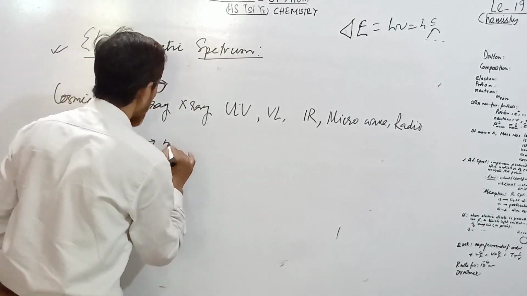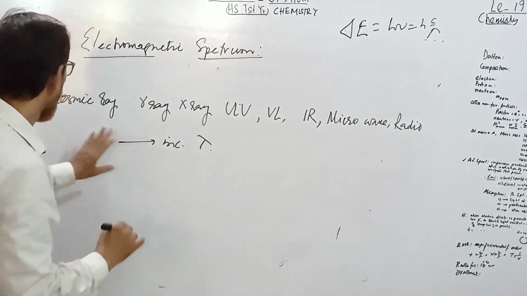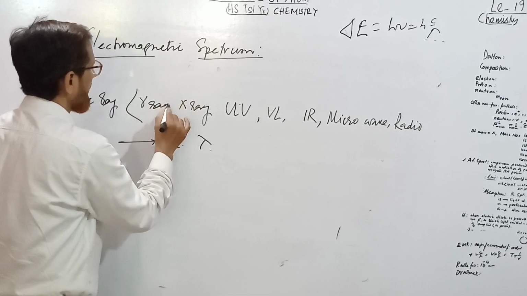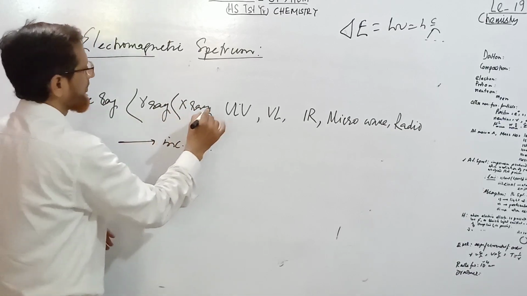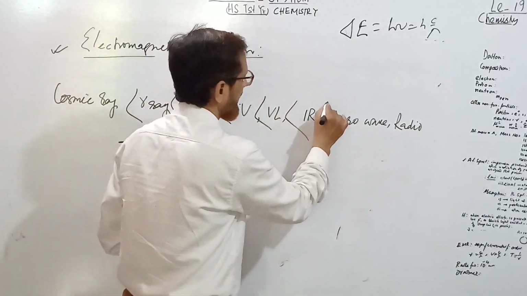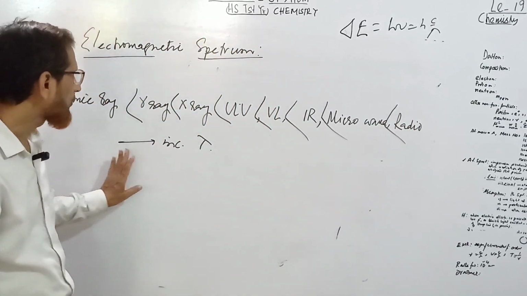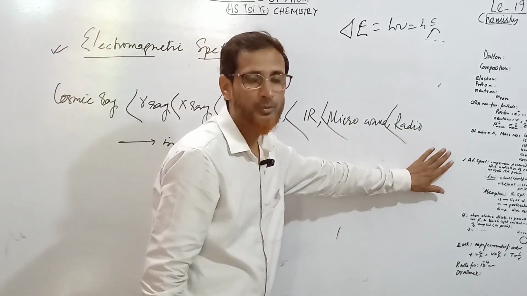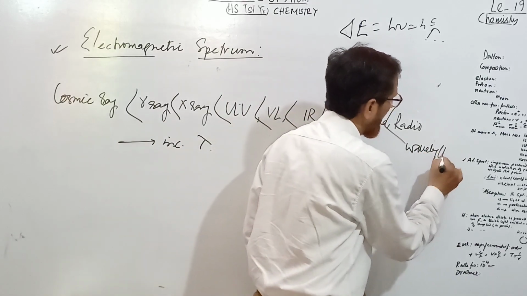In terms of increasing wavelength: cosmic ray, gamma ray, X-ray, ultraviolet ray, visible light, infrared ray, microwave, radio. In terms of wavelength, the radio wave has the highest wavelength. You should keep it in your mind.